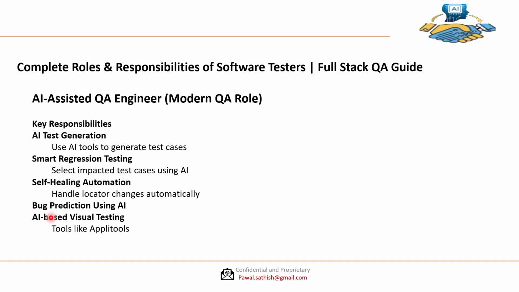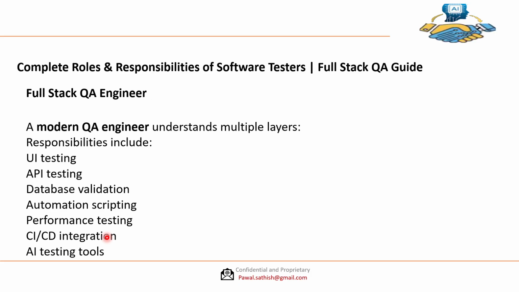We'll also use bug prediction using AI, and for that we'll use AI tools. And here is the full stack QA engineer. A modern QA engineer understands multiple layers. It's our responsibility: UI testing, API testing, database testing, automation scripting, performance testing, CI/CD integration, and of course AI testing tools.